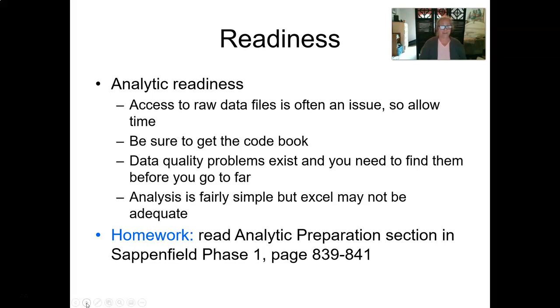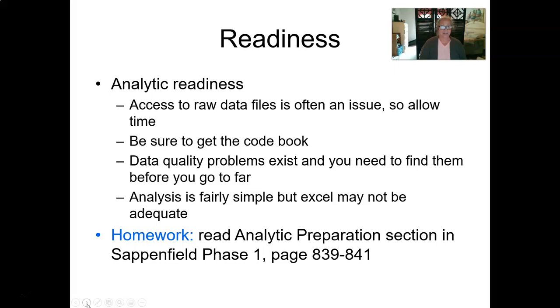You need to look for them, not accidentally hide them with the way you do your analysis. The analysis is simple, but you may need something more than Excel to handle the data, because it can be a large number of deaths or births that you're dealing with. And this is the homework assignment for this section.